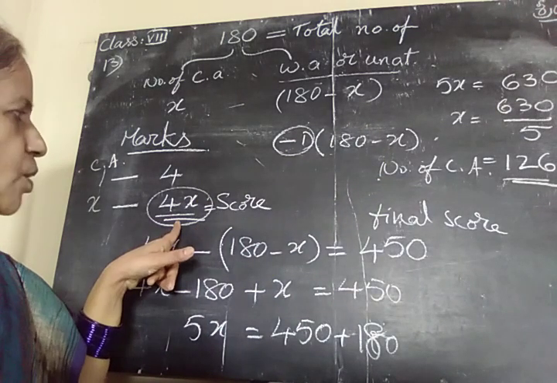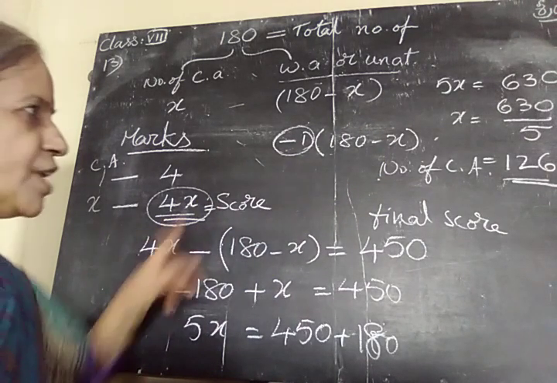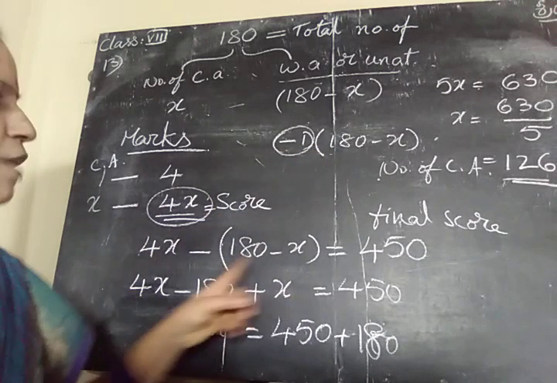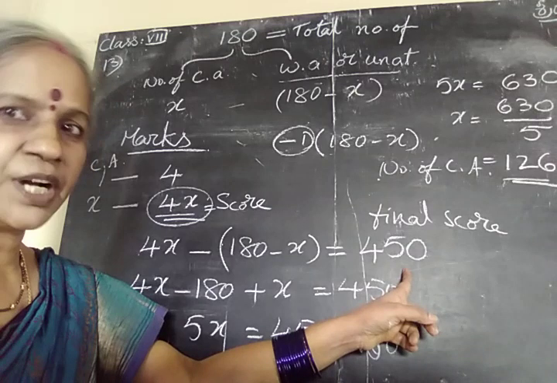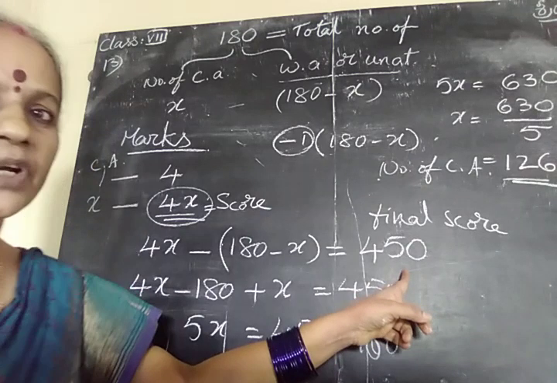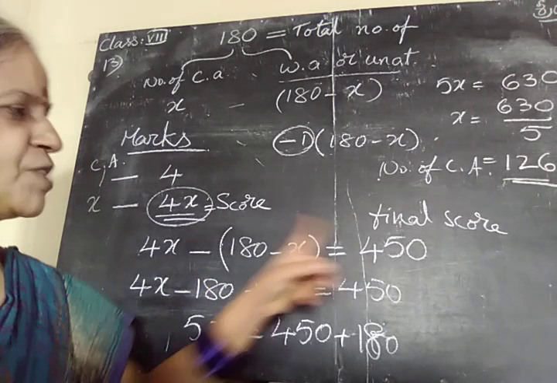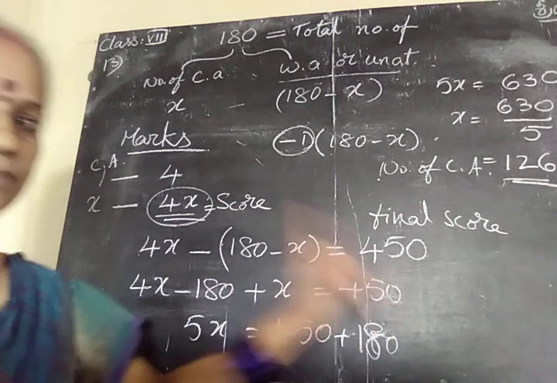Total score he got 4x. From 4x we subtract 180 minus x. The final score is given as 450. So 4x minus 180 minus x is equal to 450.